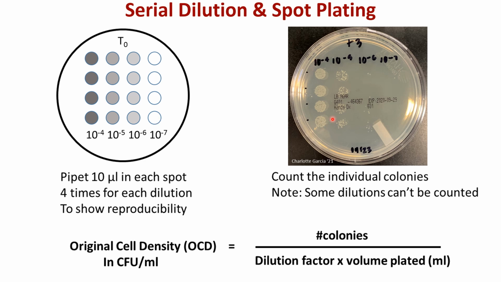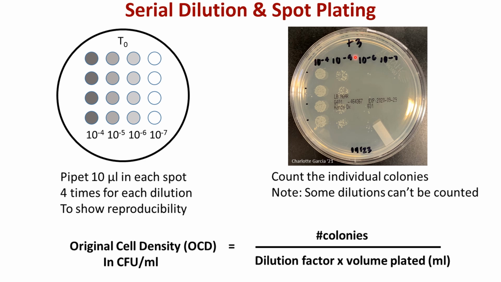This is the example that we showed of what this looks like. You'll be doing one of these for every single hourly time point. Here's just the example labeled as T0. That T0 would be the 0 time point when you first start your cultures growing. This would be the 3rd hour time point. So you'll need 1 for each hourly time point.